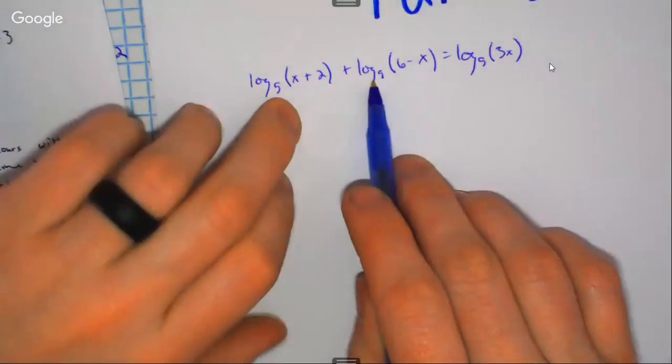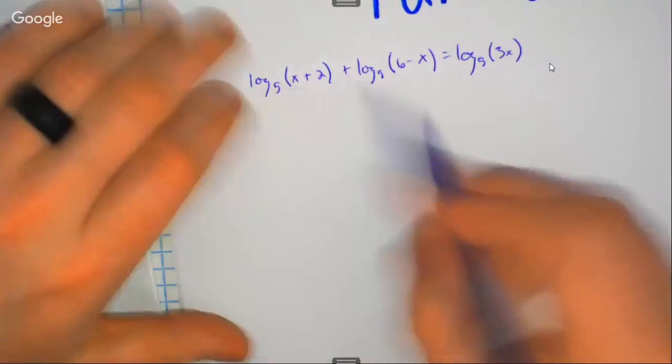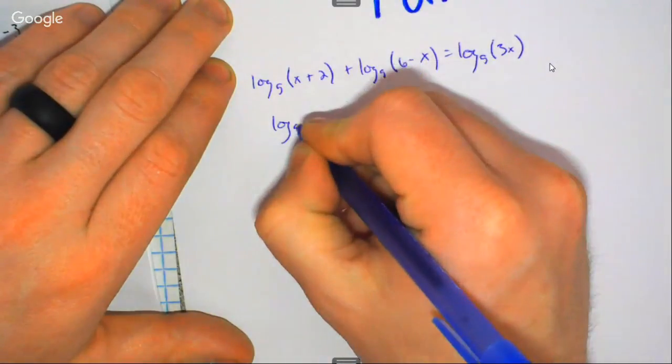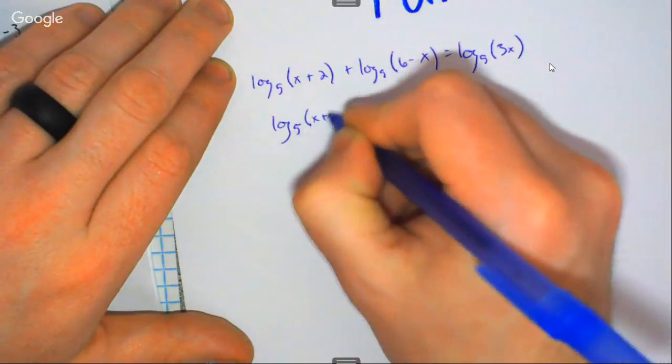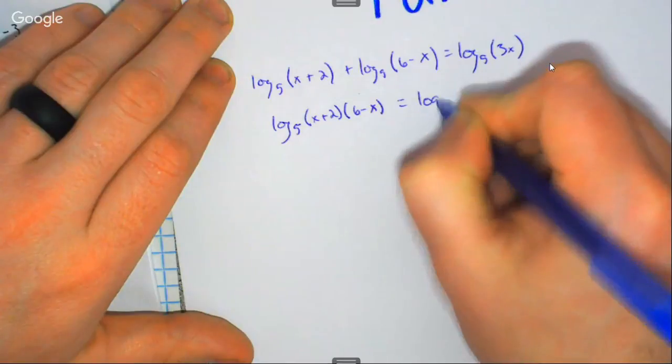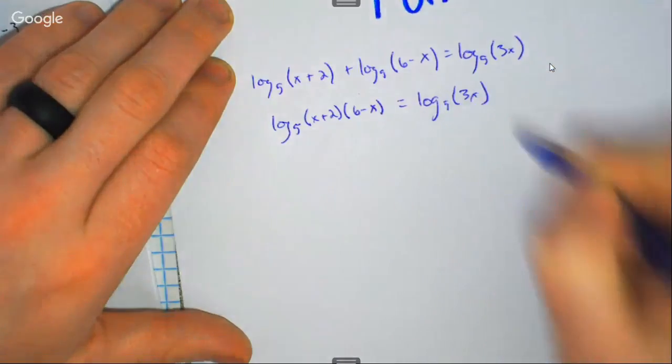Because I have 2 logarithms here, I combine over addition with multiplication. So log base 5 of (x plus 2) times (6 minus x) equals log base 5 of 3x.